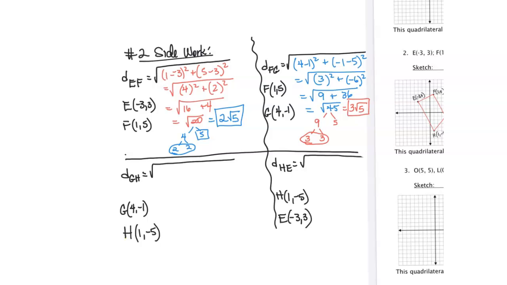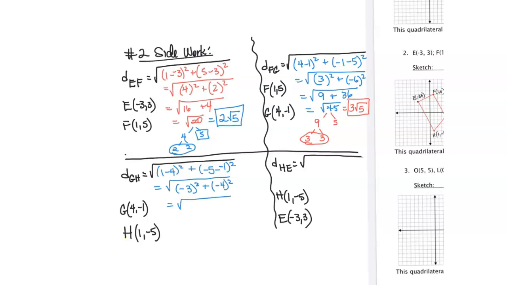For GH, we have 1 minus 4 squared plus -5 minus -1 squared. And that's equal to the square root of -3 squared plus a negative 5 minus a negative 1 gives us a negative 4 squared.